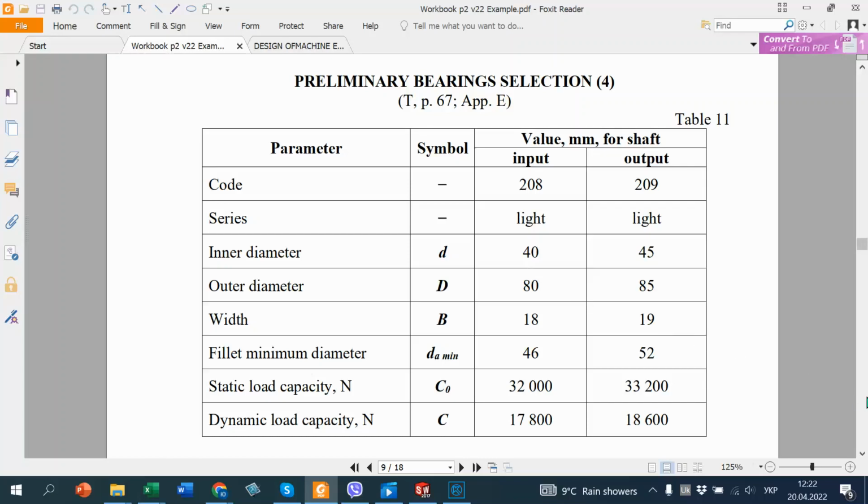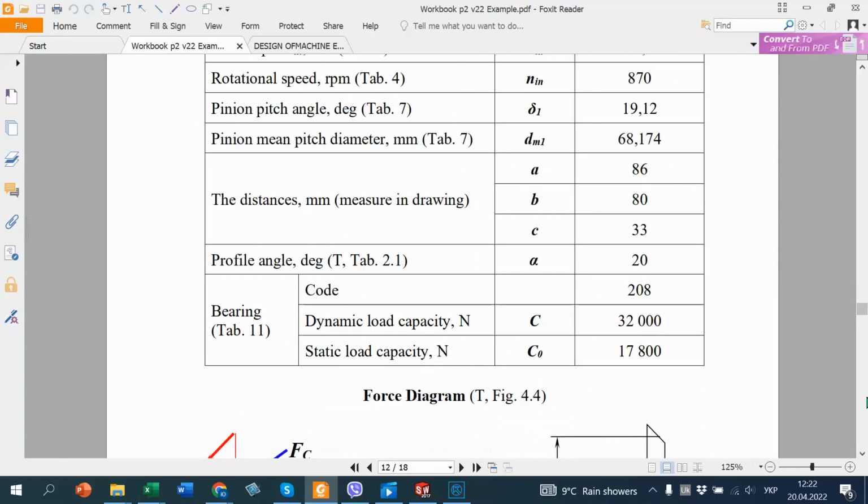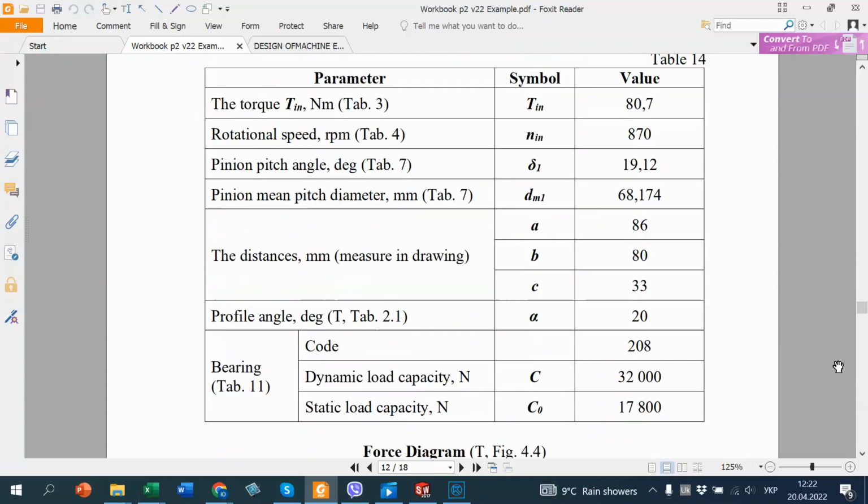I hope you have it. Profile angle alpha is 20 degrees, and the bearing code and dynamic and static load capacity you can rewrite from table 11.